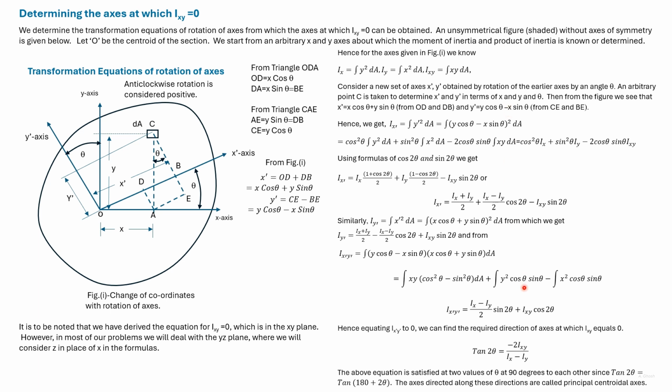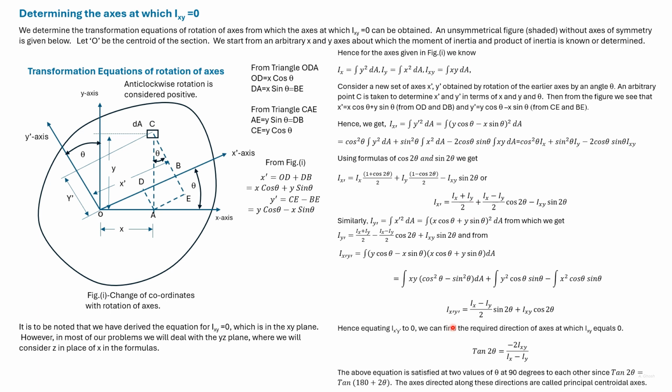These two integrals can be written in terms of sine 2 theta. This integral can be written in terms of cos 2 theta. So rearranging, we get Ix dash y dash is equal to Ix minus Iy divided by 2 sine 2 theta plus Ixy cos 2 theta.